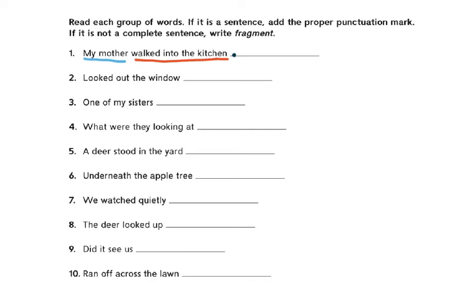Looked out the window. So, looks like we have an action. Looked. What are we looking out of? Out of the window. But who or what is looking out the window? That we don't know. So that tells me that we are dealing with a fragment.